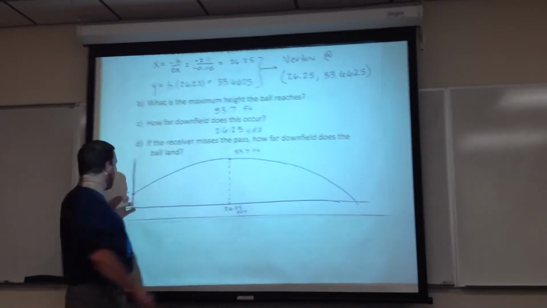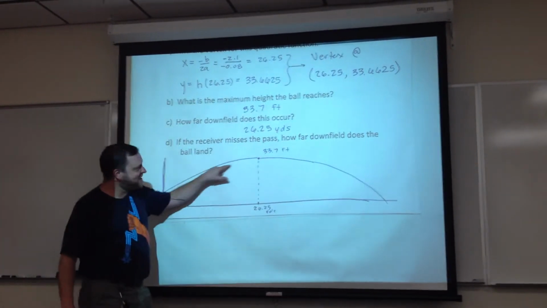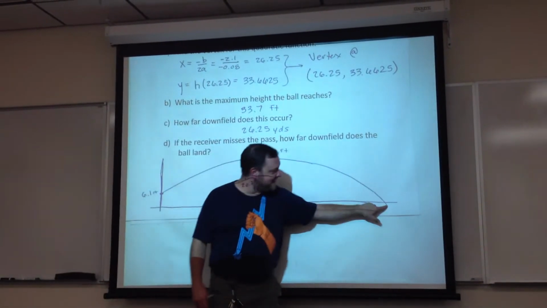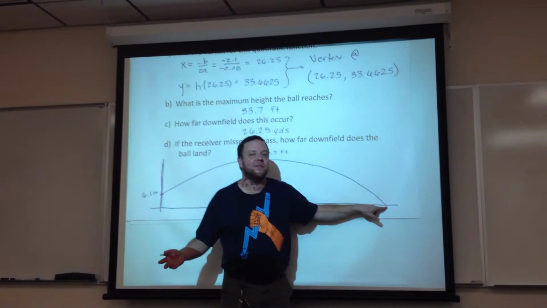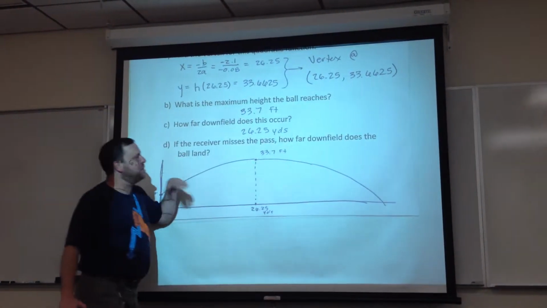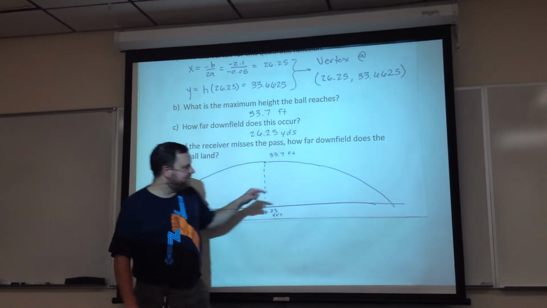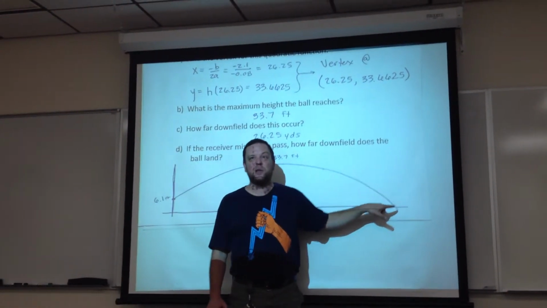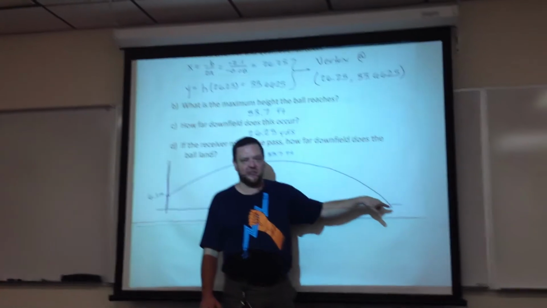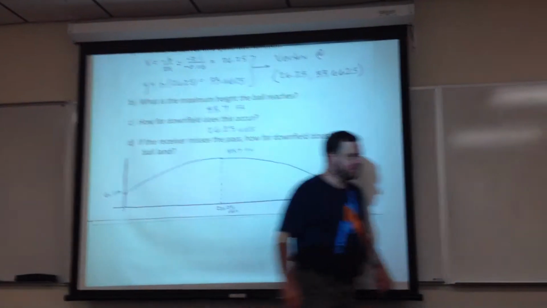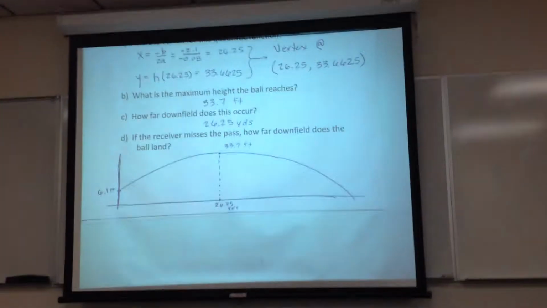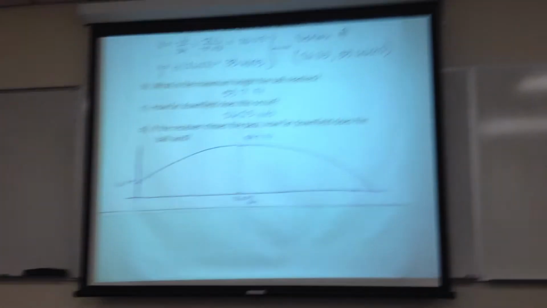So the ball left the y-axis here at 6.1, reached the maximum height at the vertex, and then is intended to go to the receiver. But if the receiver misses the pass, how far downfield does it actually go? Well, that's what you're looking for. You're essentially looking for the x-intercept of this function. So I've got to use the quadratic formula.